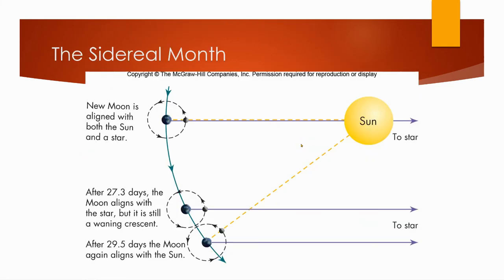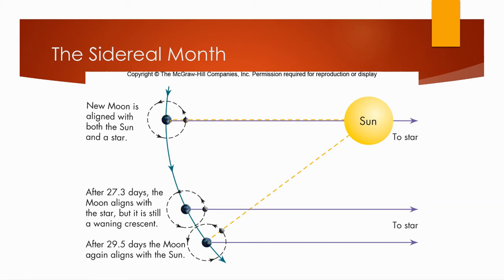All right, a sidereal month. What happens here, and you can read these, we'll see as we go along. All right, here's this lineup of the new moon. The new moon's right here.